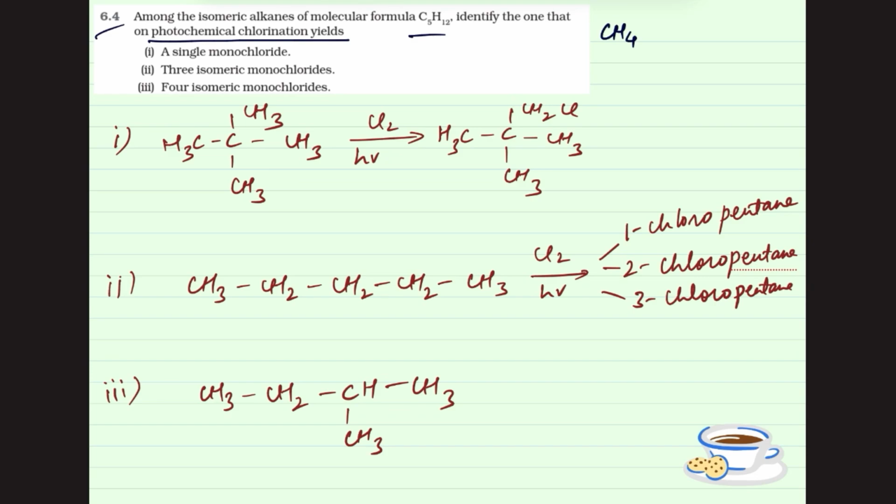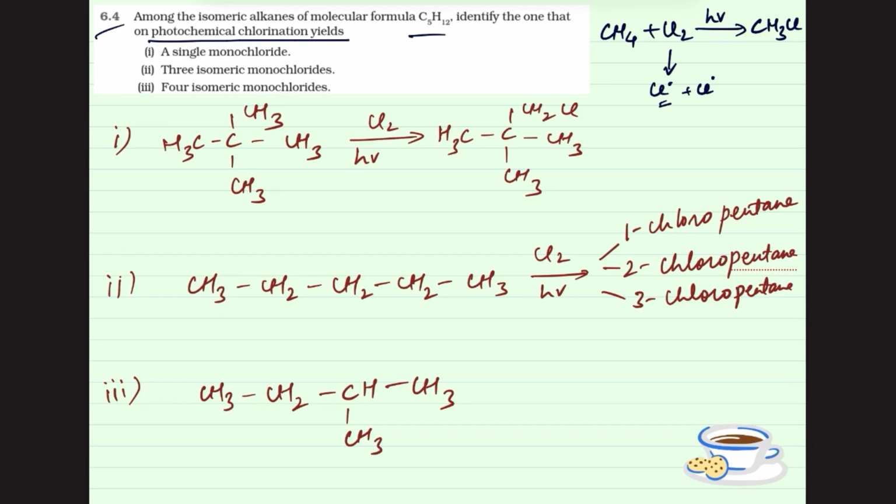For example, if methane reacts with chlorine in the presence of light, then chlorine breaks into chlorine free radicals, and this chlorine free radical will substitute one of the hydrogens of methane, forming methyl chloride or chloromethane.